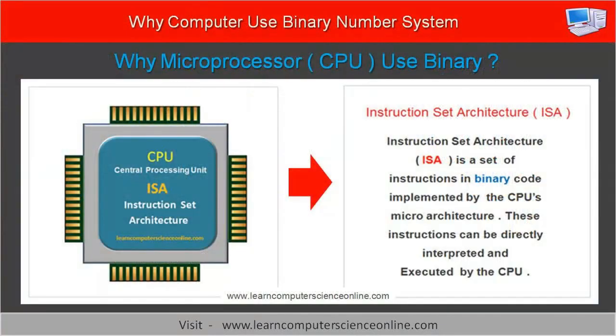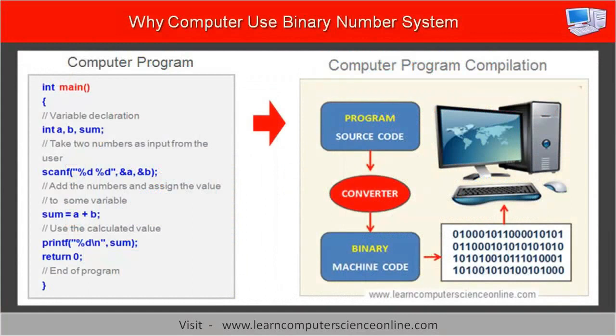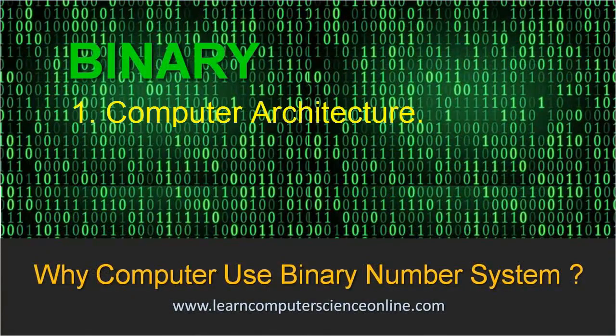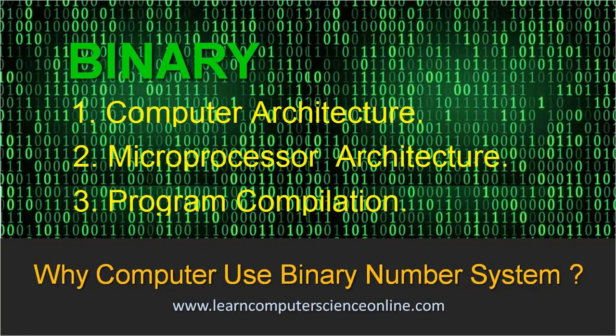The processor chip is designed to implement the microarchitecture, which defines the set of binary operations supported by the processor. Further, computer programs are also required to be converted to binary machine code instructions that the computer processor can directly interpret and execute. Let us now discuss each of these topics in detail to understand why computers use the binary number system at the hardware level.